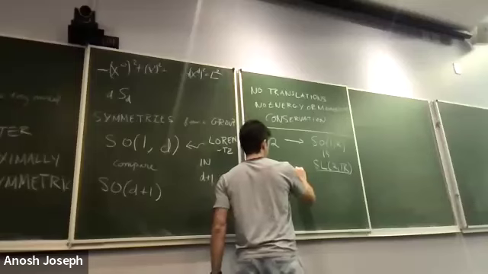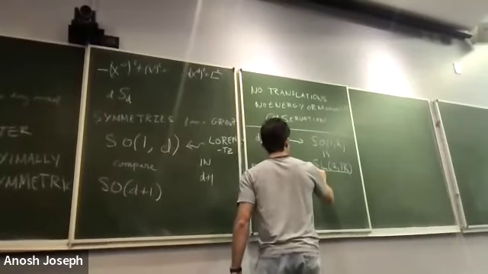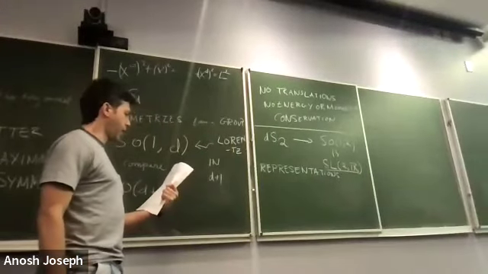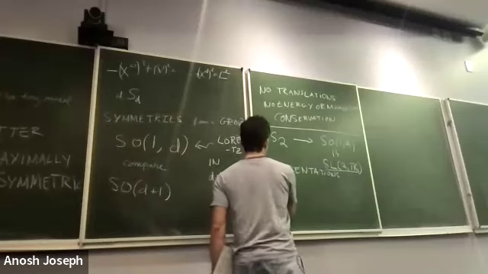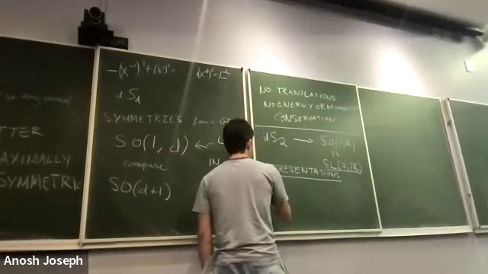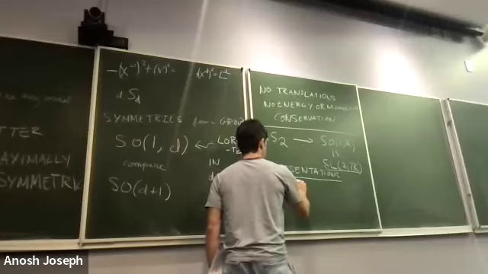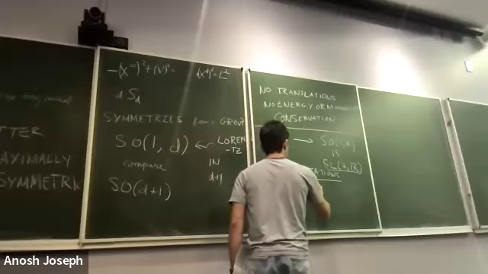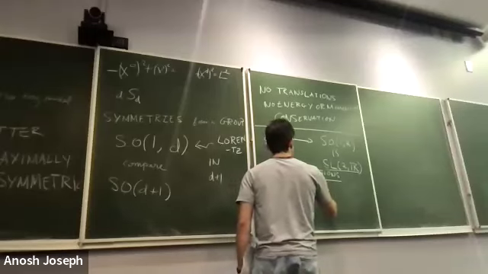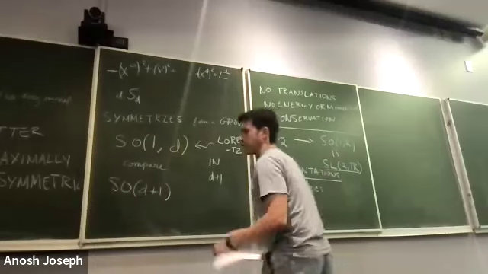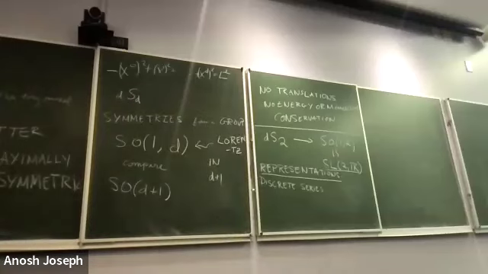The simplest representation of SL(2,R) is something known as the discrete series. Actually, before I get into this, let me give a few equations on SL(2,R).